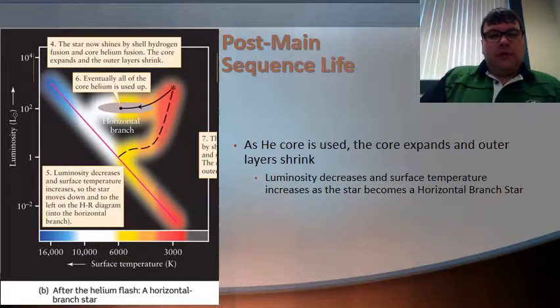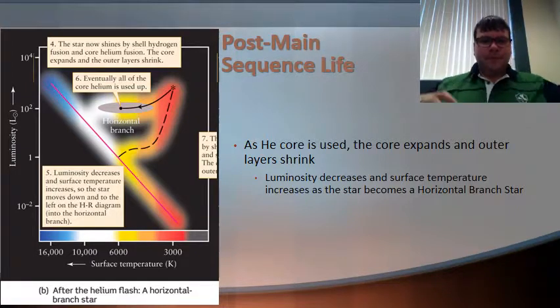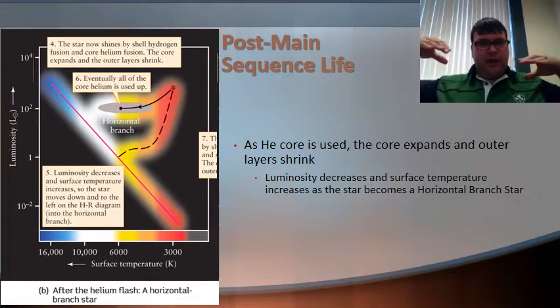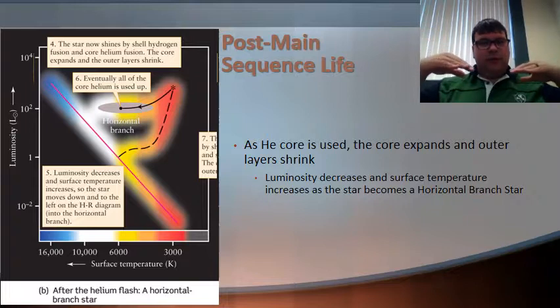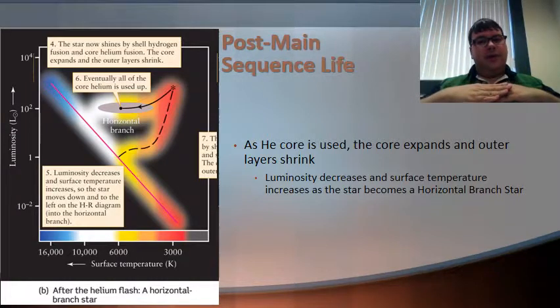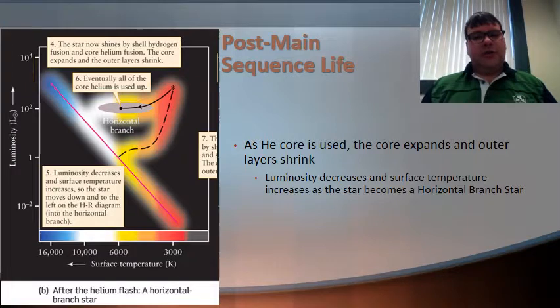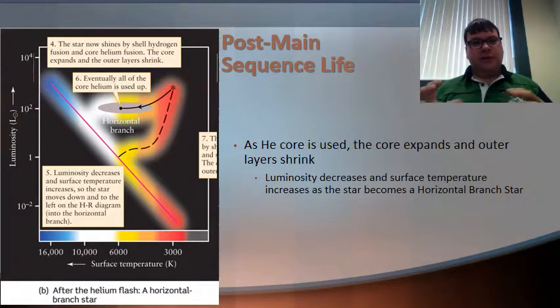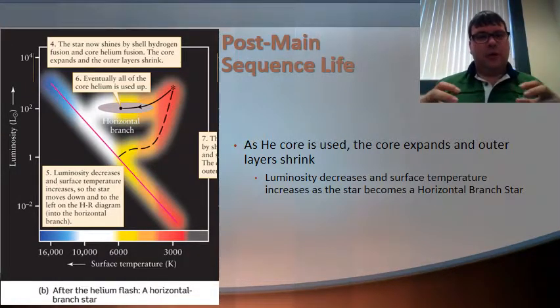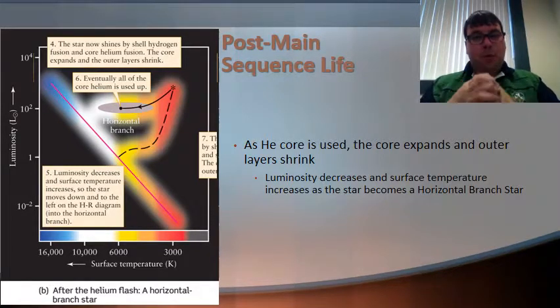As the star is starting to use its helium at the core structure, it goes through that helium flash and it starts traveling along what we call the horizontal branch. And the horizontal branch is where the star is going through some changes. It's trying to get hotter, it's trying to get the core more dense, because helium being heavier will require more density and more compression, if you will, so the core has to get smaller.